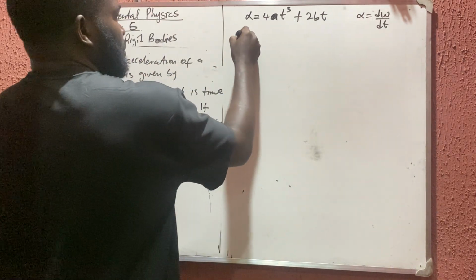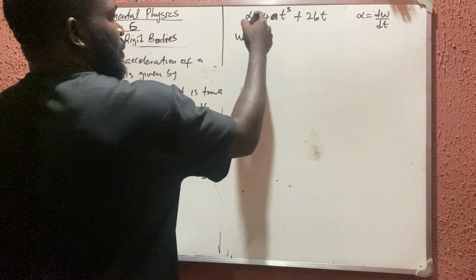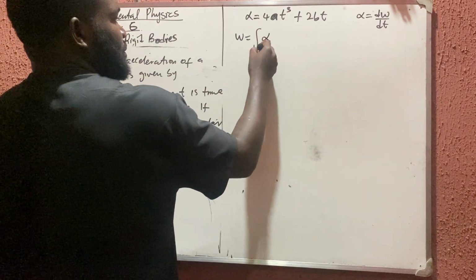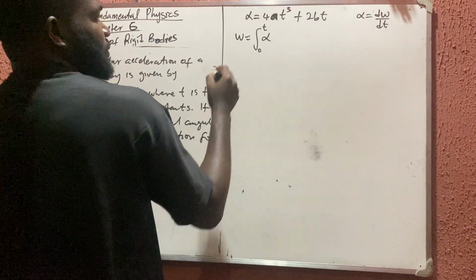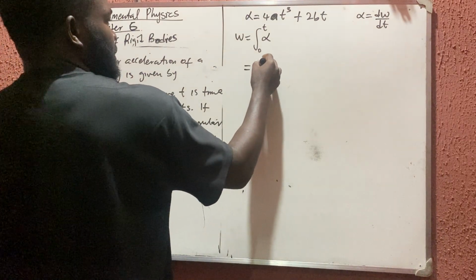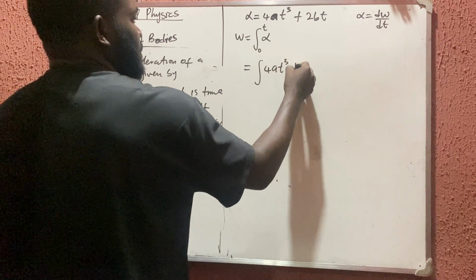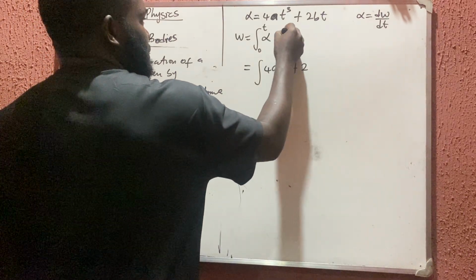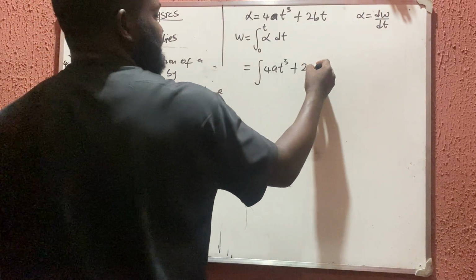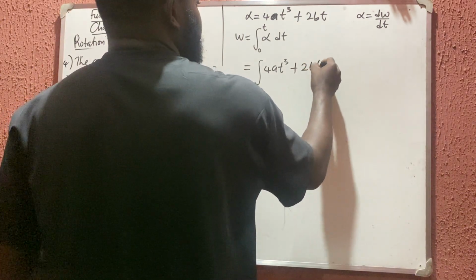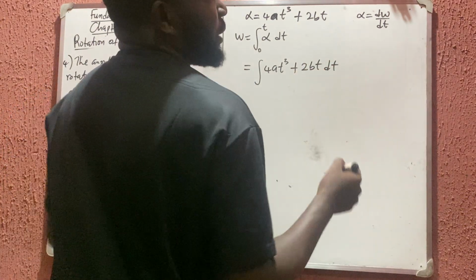So therefore, my W will now be the integral of alpha, starting from 0 to t. So now what do we have? This is equal to the integral of 4at cube plus 2bt dt. How do I get the dt?